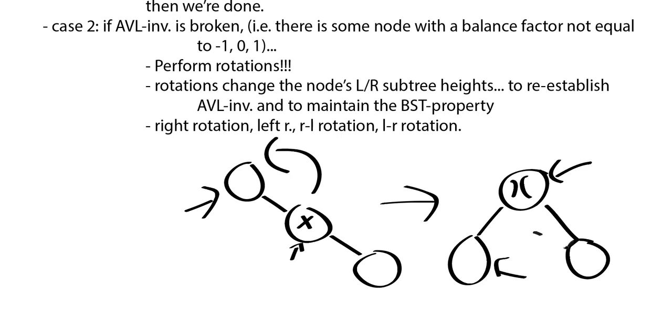So does this one, so does this one. So that's what we mean by a rotation. And there are different contexts where you would use a right rotation, a left rotation, a right-left rotation, or a left-right rotation. And that's all explained within that tutorial.